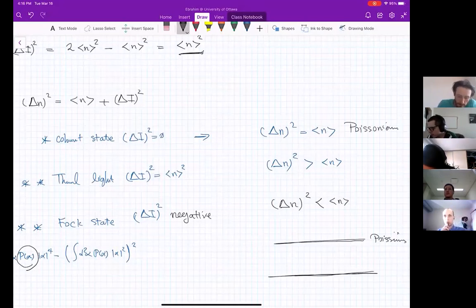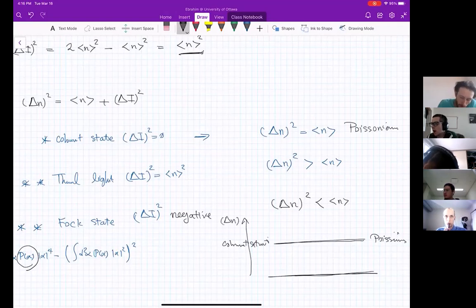So this is the coherent state, and this axis is delta n squared. Poissonian is here, where the variance is given by the average of n.